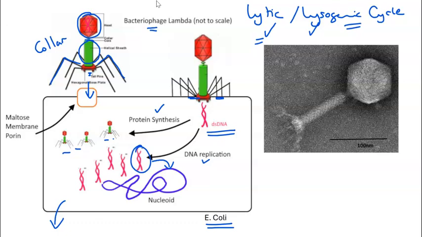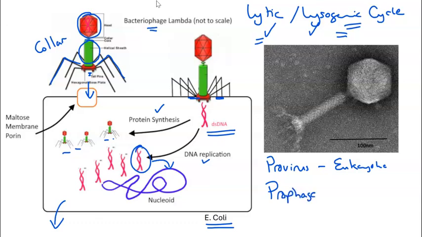Now, in the case of bacteria and bacteriophage, rather than being called a provirus as it is in a eukaryotic lysogenic cycle, in the case of the bacteriophage and a bacterial cell, this is called a prophage.